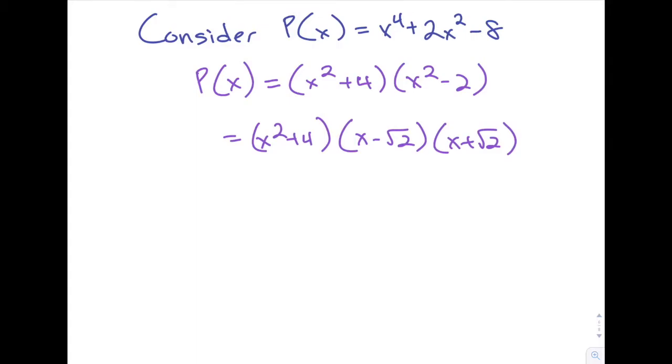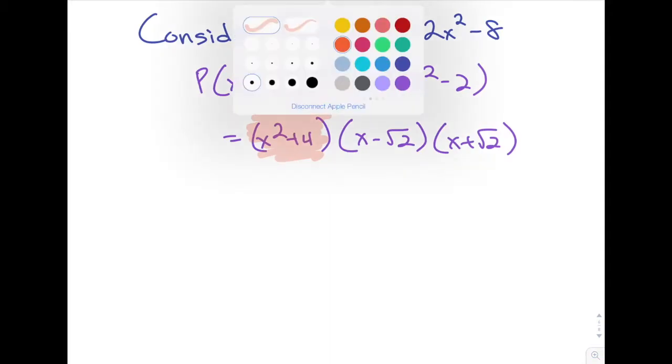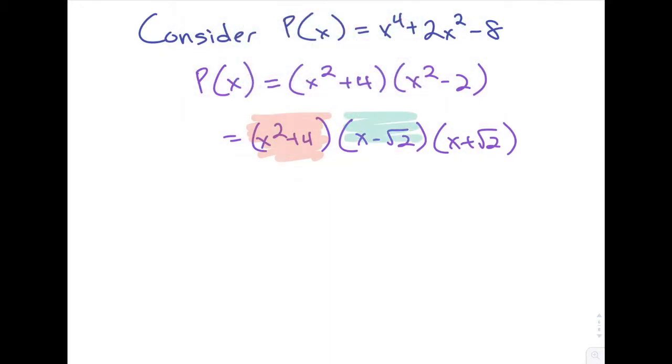However, if we choose not to use the complex numbers, then a polynomial with real coefficients can always be factored into linear and quadratic factors. That is, at the very bare minimum, we might end up with something that looks like this. That might be the biggest thing that we have, and that would be called one of the quadratic factors. Our other two here are our linear factors, as we've explored in depth up to this point.